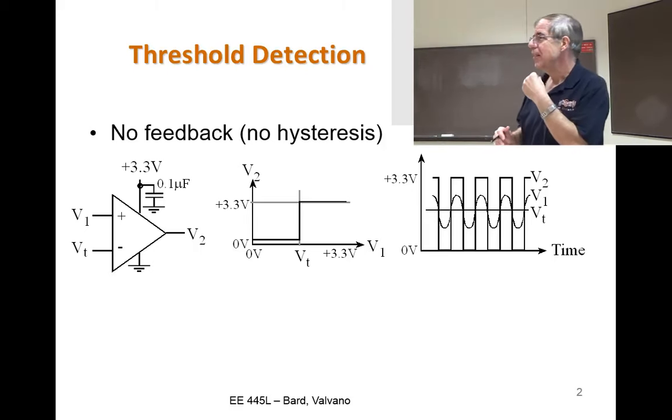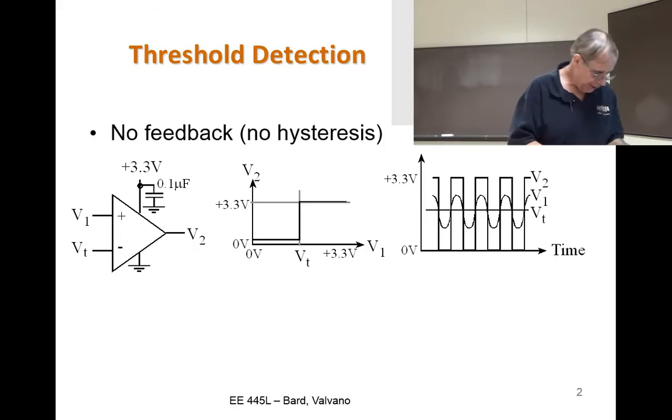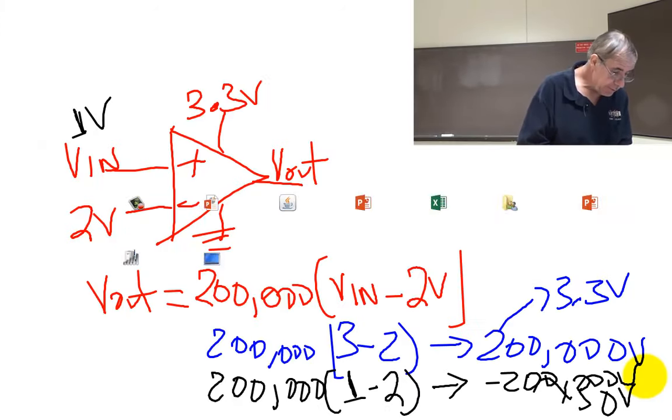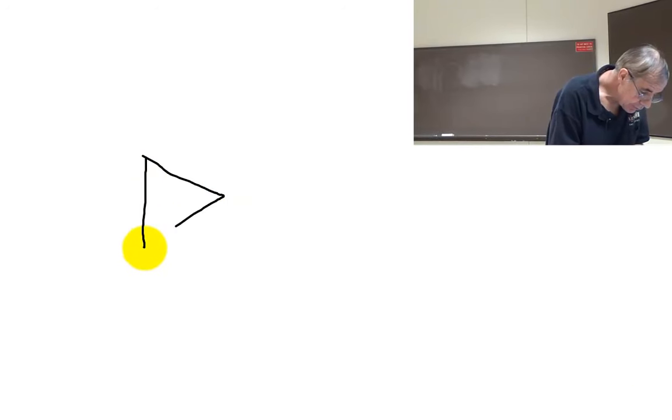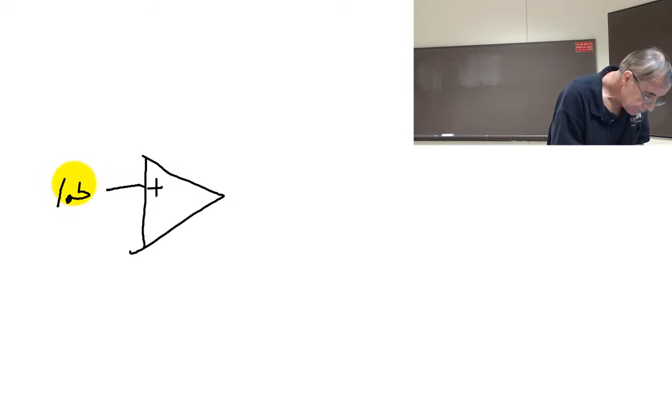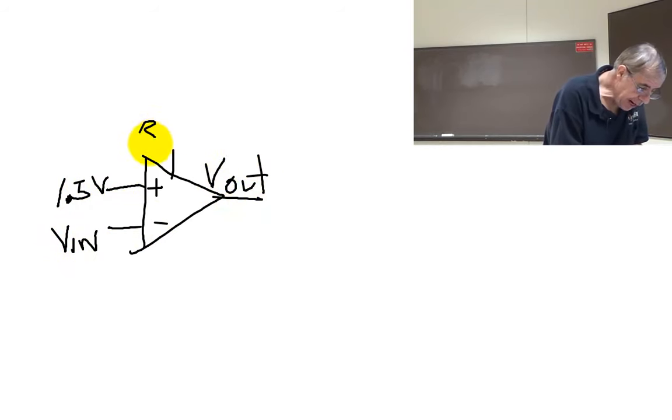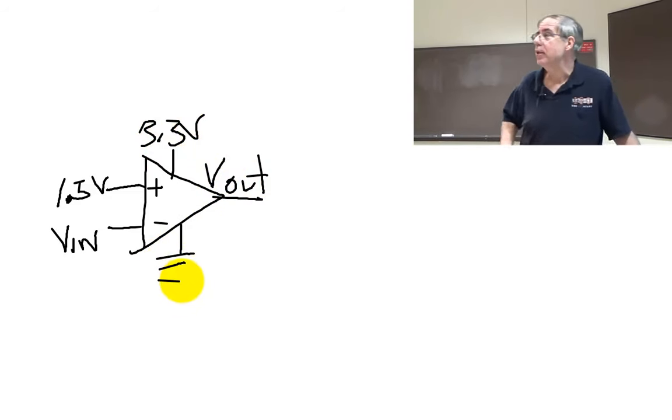Actually, let me build one here, see if you can tell me what this is. Assuming this is powered with 3.3 volts down to ground. What did I just build, by the way?